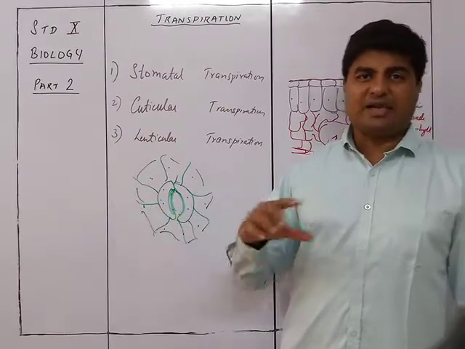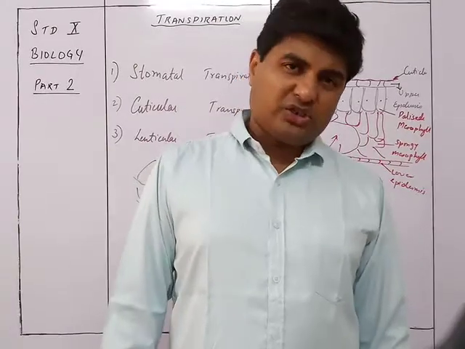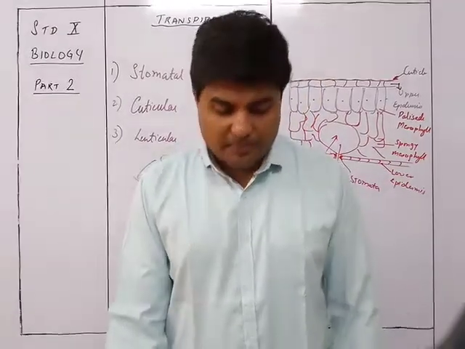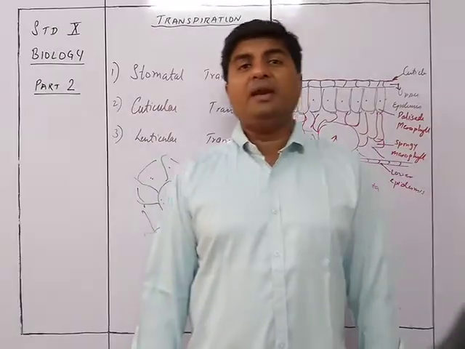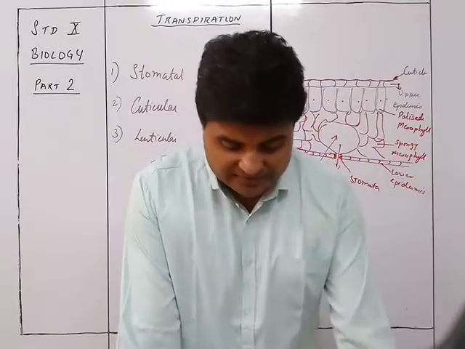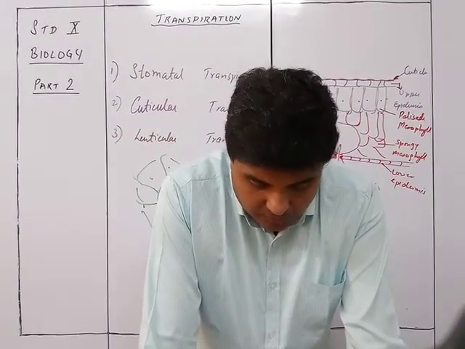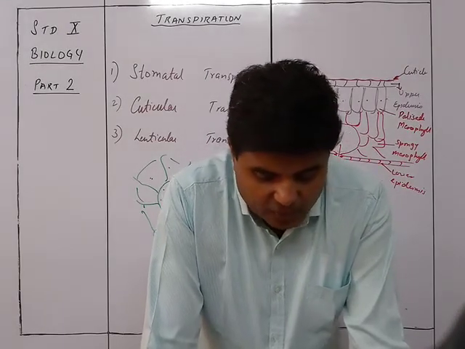The guard cells ke aas paas mein jitne cells hain, if they are not turgid, they cannot open the stomata. So remember this thing, the stomatal opening is going to take place only in turgid condition and not in flaccid condition. So they turn flaccid, thereby closing the stomata.